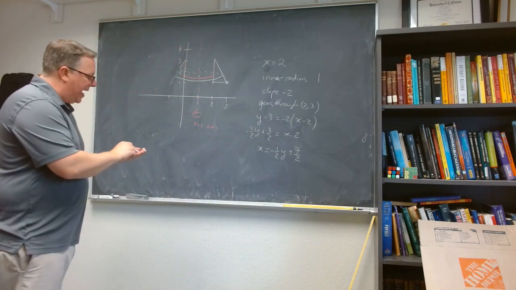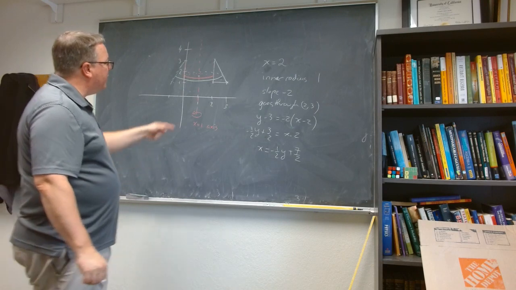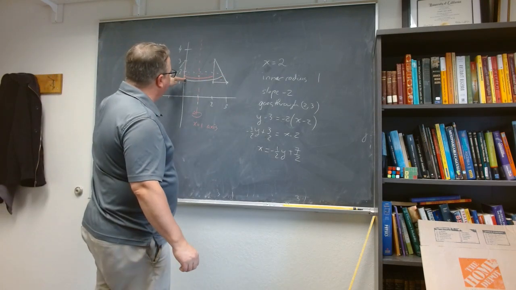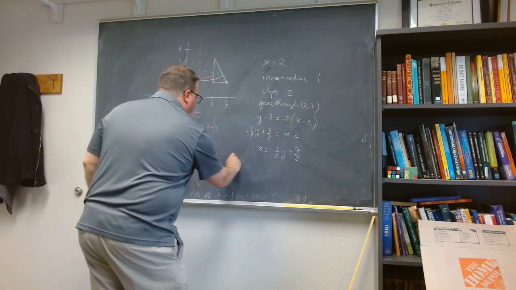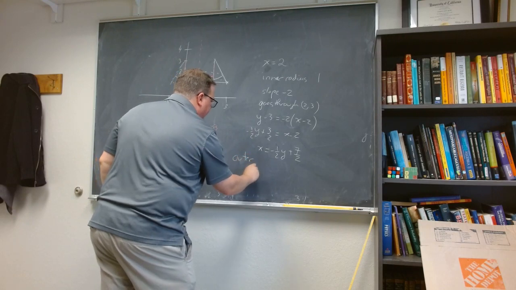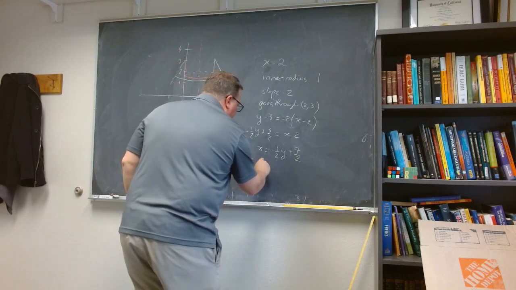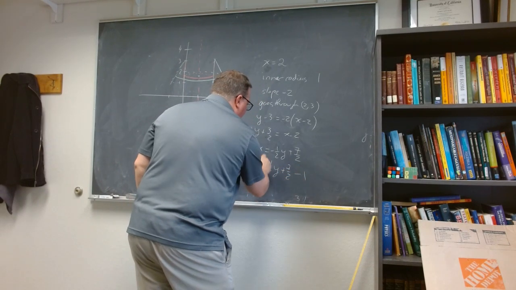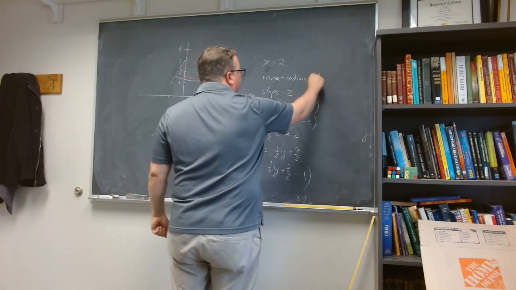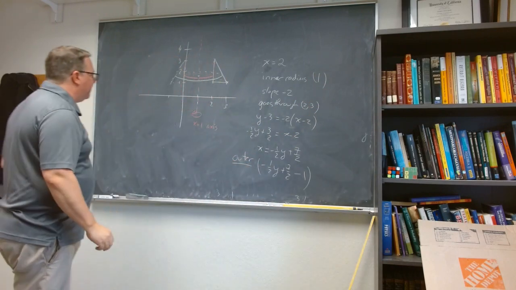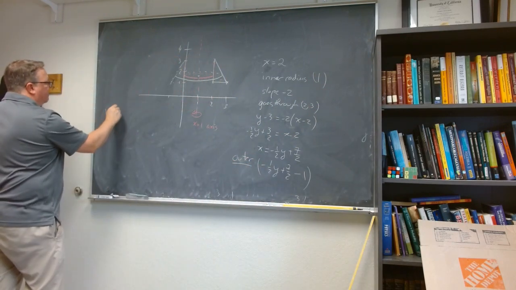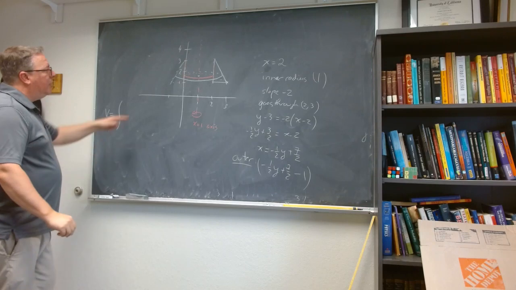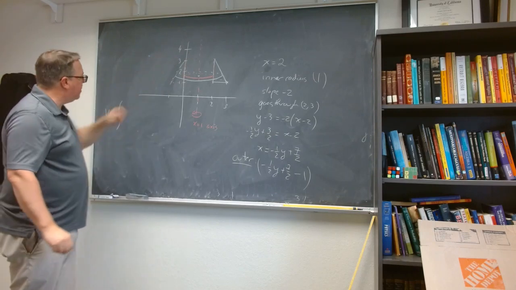And so now my outer radius is just going to be this line, minus 1. So the outer radius is going to be -1/2 y plus 7/2 minus 1. So now we have our inner radius, we have our outer radius, and we can set up the volume. The volume is going to be the integral where we start y at 1 and we go up to 3.